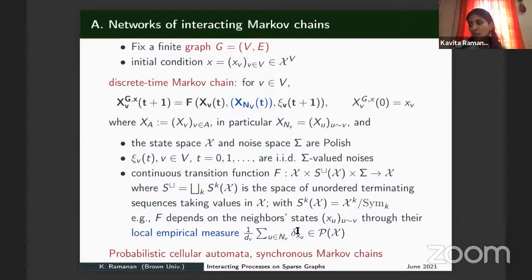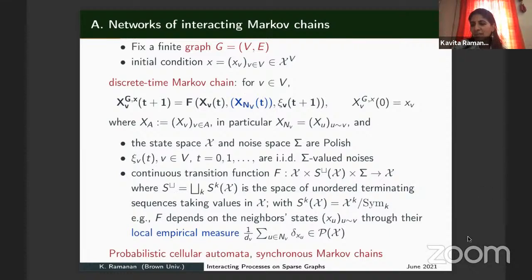For instance, if you want to look at the maximum value, it will depend on the support of this distribution, and that's not always a nice continuous function. You don't have to worry about these details, but this is just to tell you why we're using this symmetric formulation. But a lot of the examples I'm going to do, you can think of the dependence here as just through the empirical measure of these states.